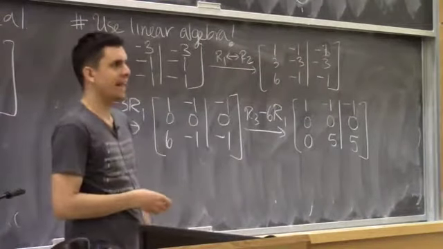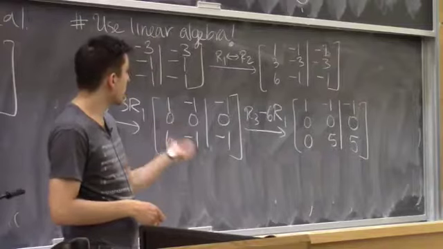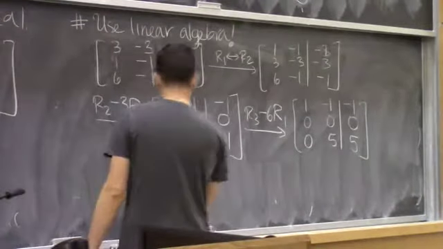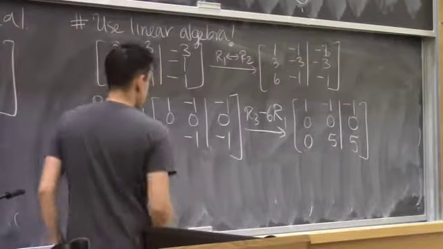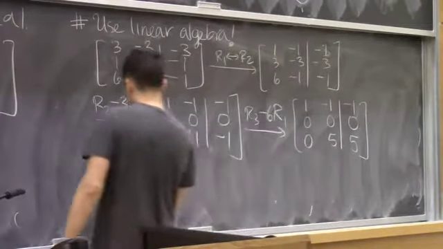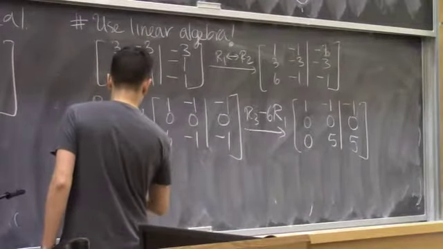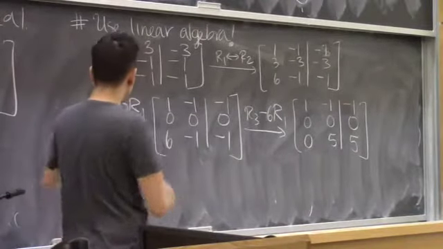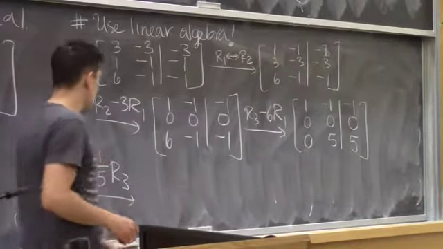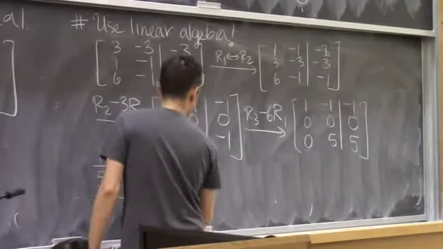Our last fundamental row operation is multiplying by a number. Here I've got a 5. I want to get rid of that 5. So I write 1/5 of row 3.